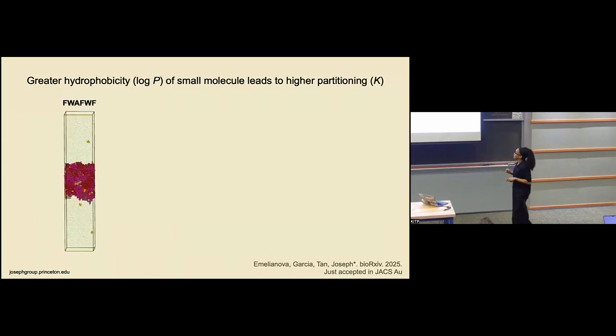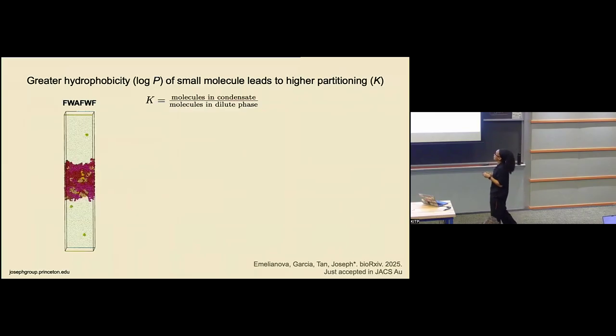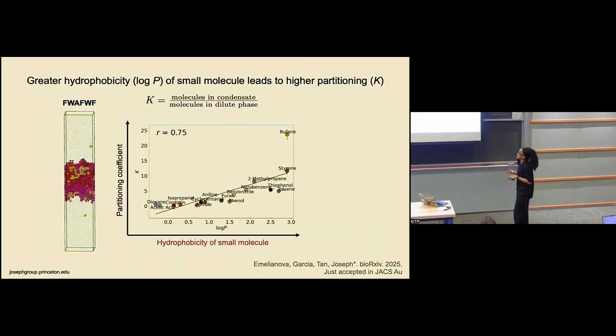Well, one of the first things that jumped out at us, which was not surprising because this result was postulated in the literature already, is that if we measure the partitioning coefficient of the small molecules in the systems, where I am defining my partition coefficient as the number of molecules that are in the condensed region versus the number of molecules that are in the dilute phase, we see that as we vary the hydrophobicity of the small molecules, we have a very strong dependence of this property on partitioning.